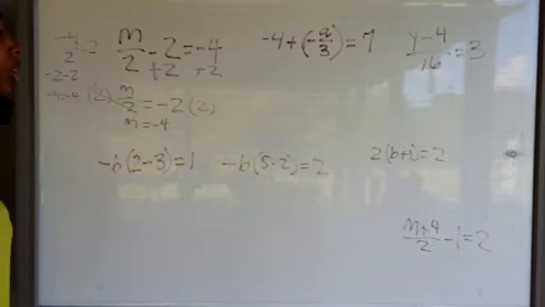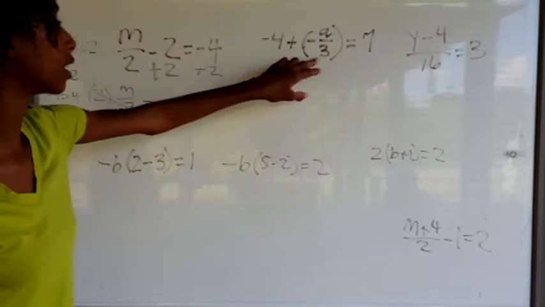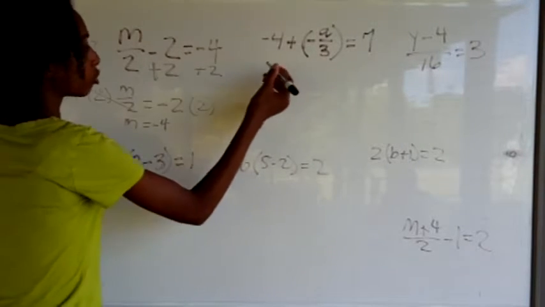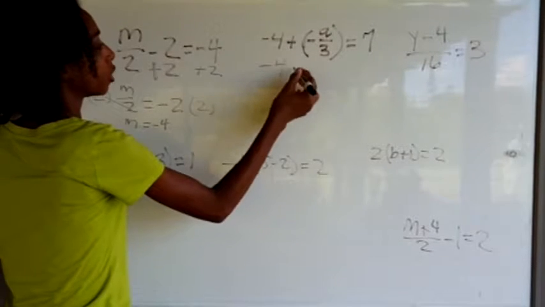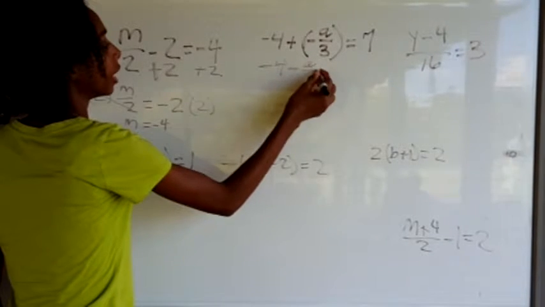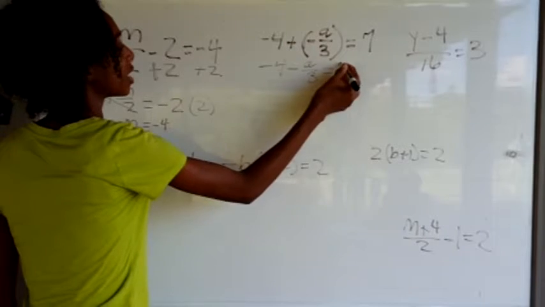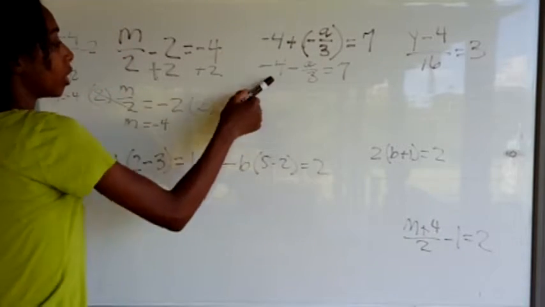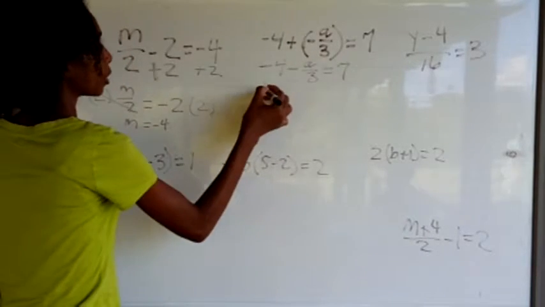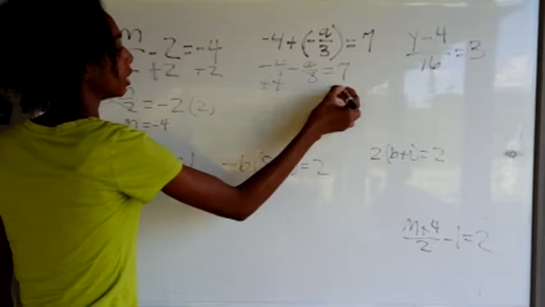Alright, so same thing here. We have negative 4 plus negative a over 3 equals 7. Since we're adding a negative, we can rewrite this as a subtraction problem: negative 4 minus a over 3 equals 7. We do our addition and subtraction first, so we're going to add 4.